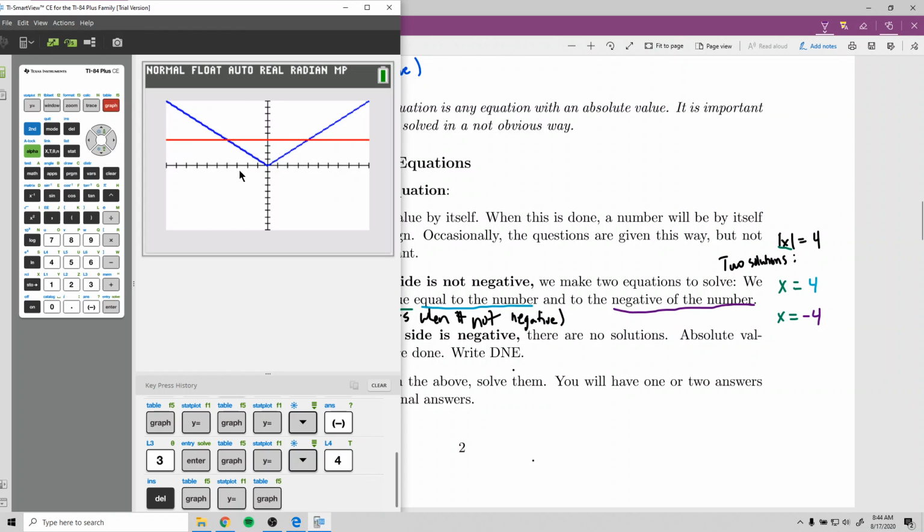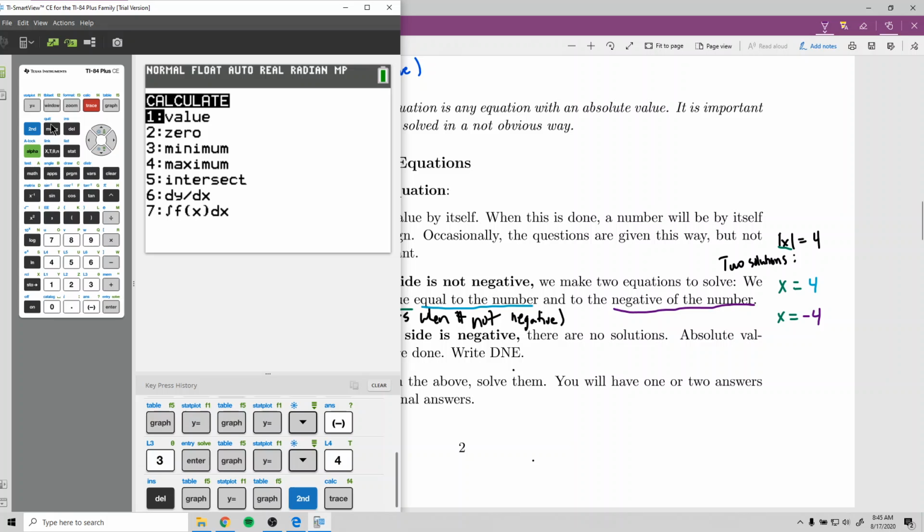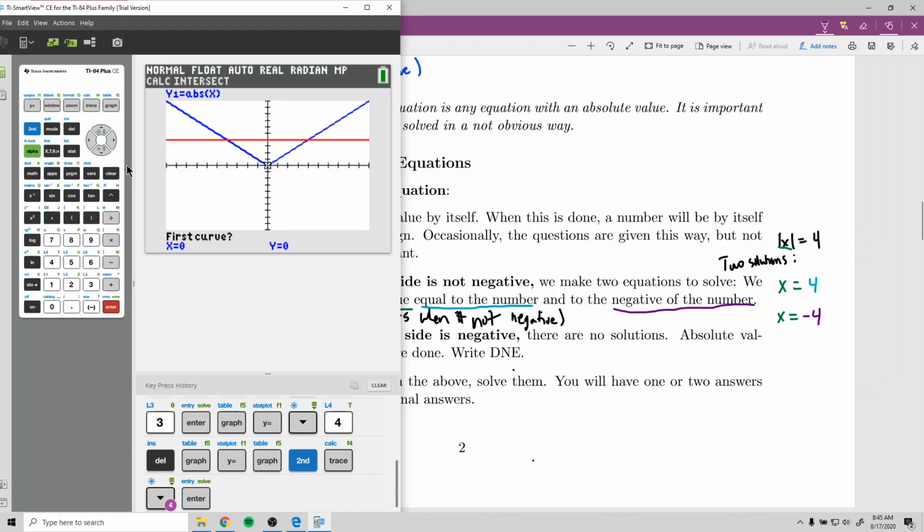If I graph it, you can see where they intersect. This is where x is -4. Certainly looks like it intersects at -4 and at +4. You can actually do it on your calculator: hit second, calc, go to intersect, then scroll left or right to get close to where the intersection point is and hit enter 3 times.